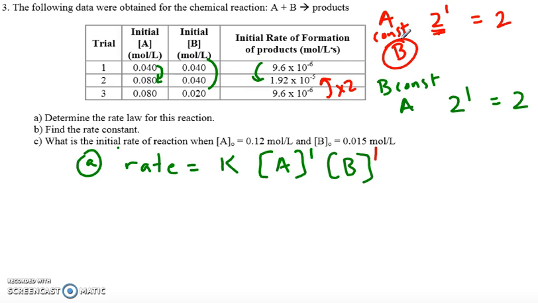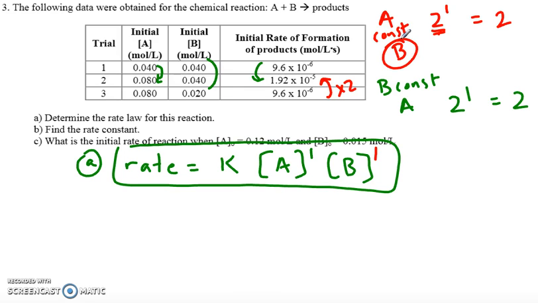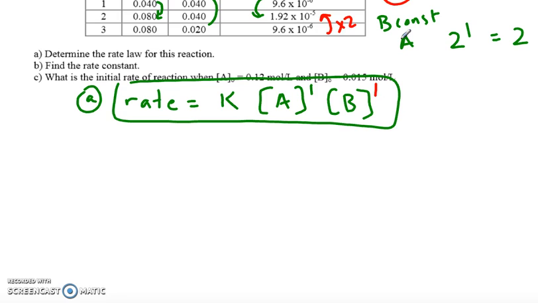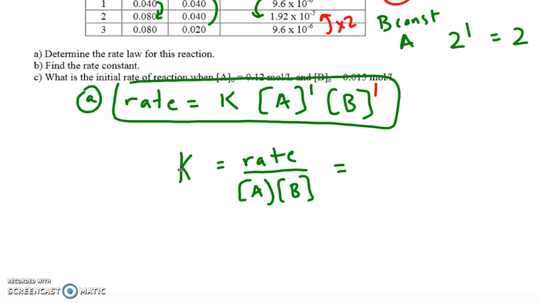well. So what we see here is our rate law expression for this particular equation. So rearranging for the rate law constant, we get the rate over the concentration of A times the concentration of B. Now we need to just substitute in the information from one of the trials.